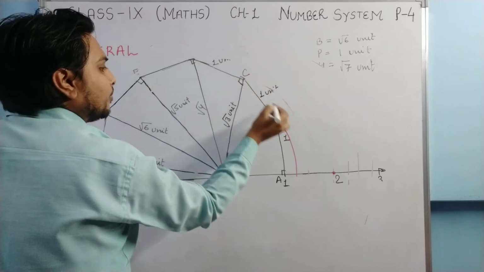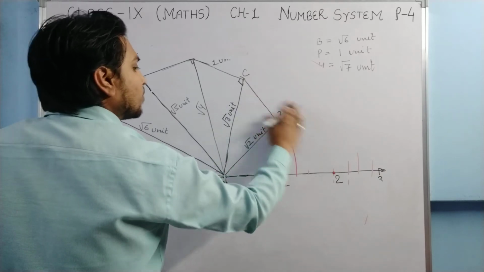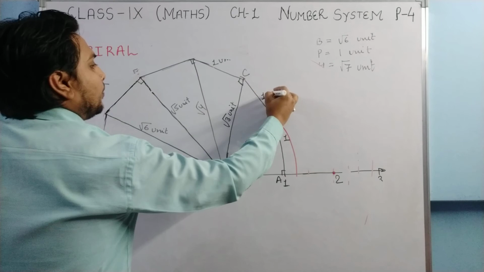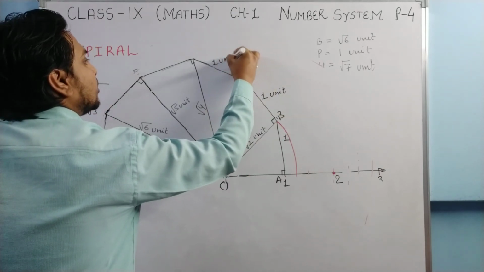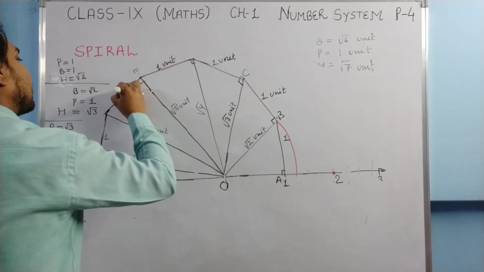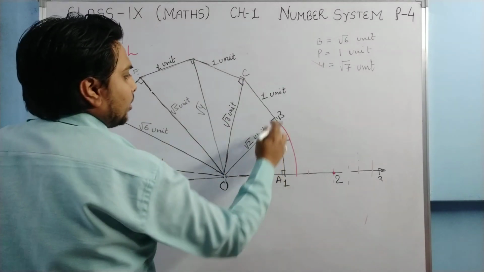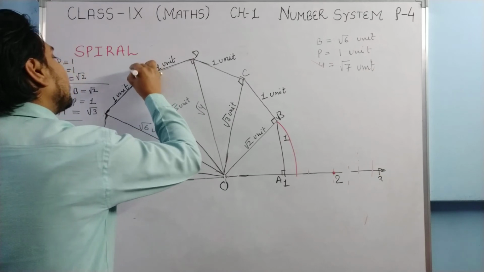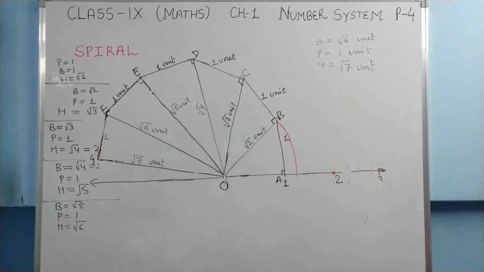I have made it properly. One thing you have to remember is that all the perpendicular distances are of 1 unit. And the points are A, B, C, D, E, F, G like this.